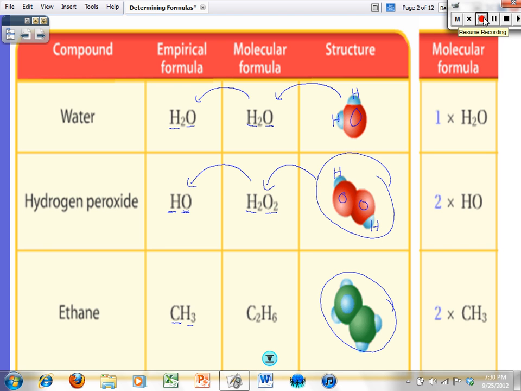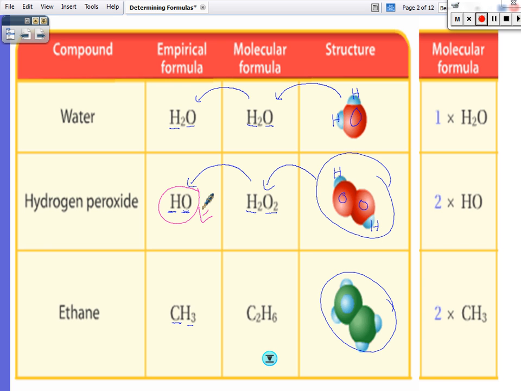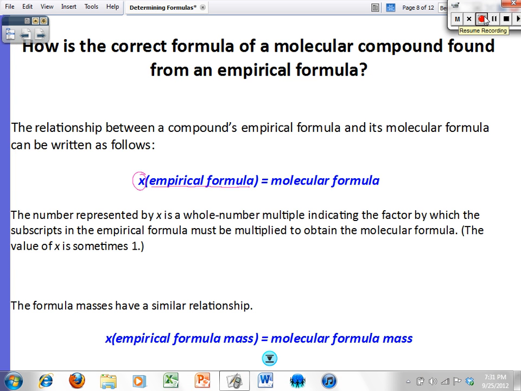So here's our empirical formula, right? I find that whole number, and if I multiply the empirical by the whole number, which is our x in that previous slide, that will give me my molecular formula.